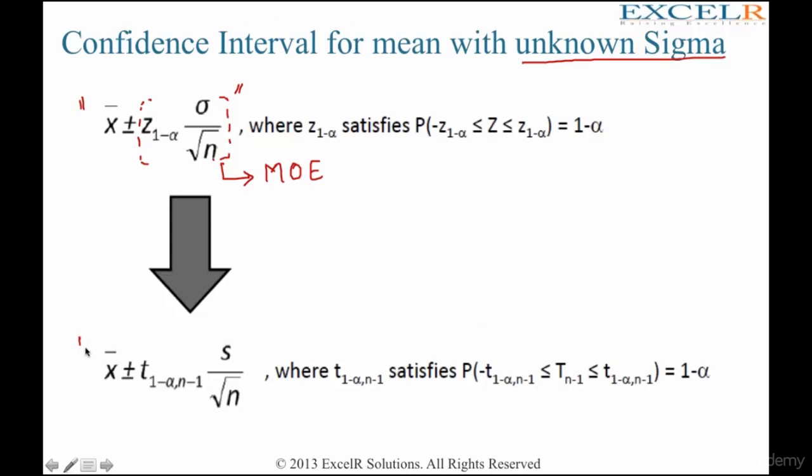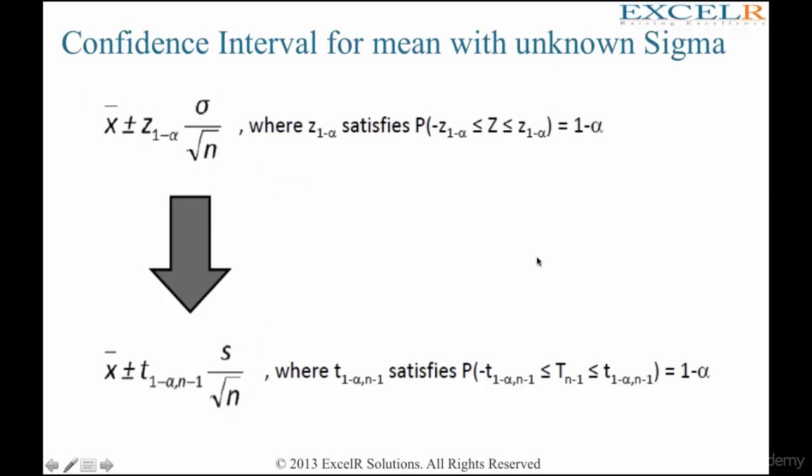And the formula is as follows. It's more or less the same. It's x bar plus or minus this margin of error, where the region changes. Since you do not know sigma, it's s over square root n. Here you have z distribution, here we have t distribution. That's the only difference.